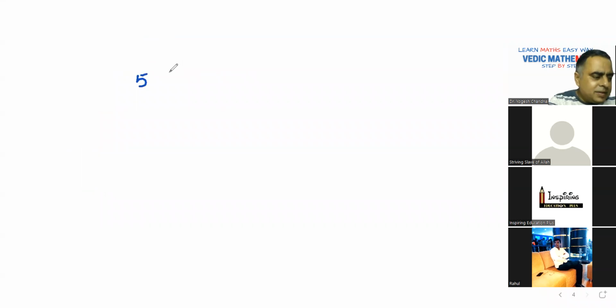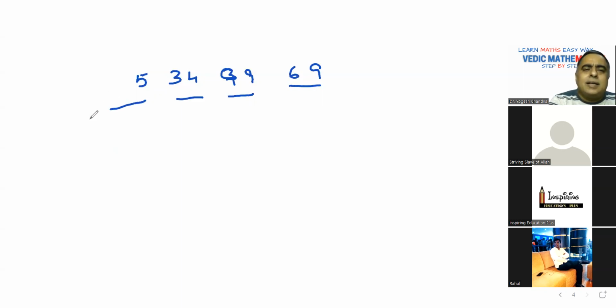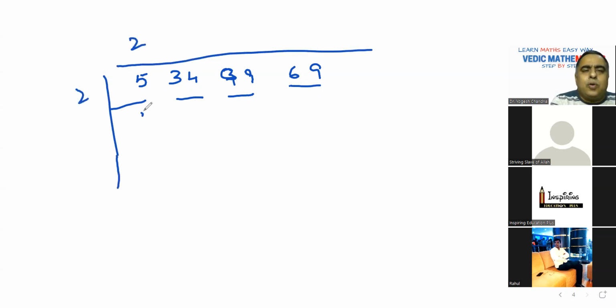5, 3, 4, 9, 9, 6, 9. First this, second this, third this, 0. Again, this is the same example. The only difference is 2, 2, 4, 134, and this becomes 2 plus 2, 4.